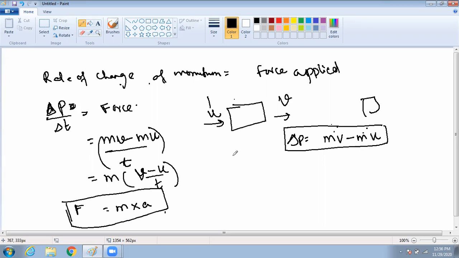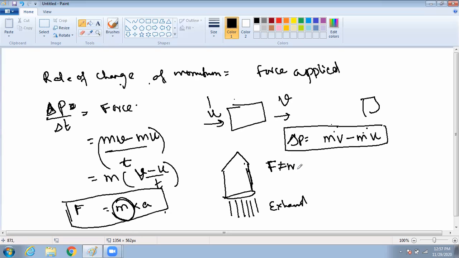But remember, whenever this type of object is there, the mass has to be constant. The mass cannot change. Have you seen a rocket, which has exhaust? The rocket also accelerates, but this is not valid for a rocket. Why? Because the mass is changing.